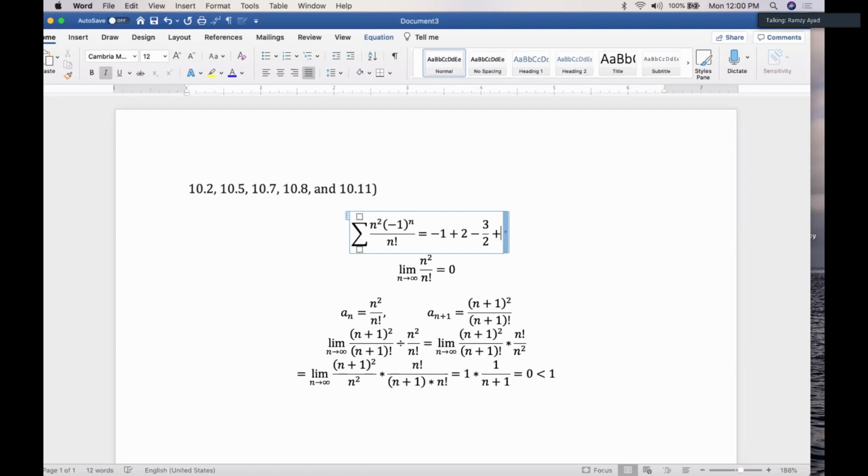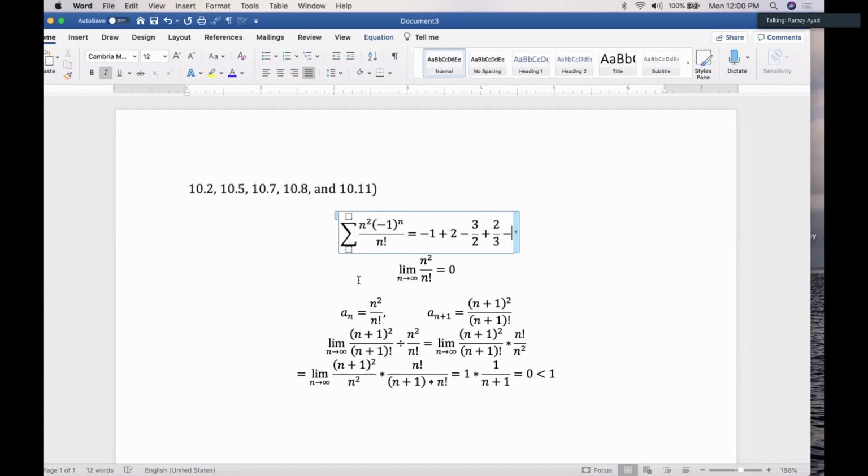4 squared, 16 over 4 factorial, which is 24. Can I simplify at the same time? Can we divide by 8? That's 2 over 3. So the bottom is 3, and the top is 2. Then minus what?